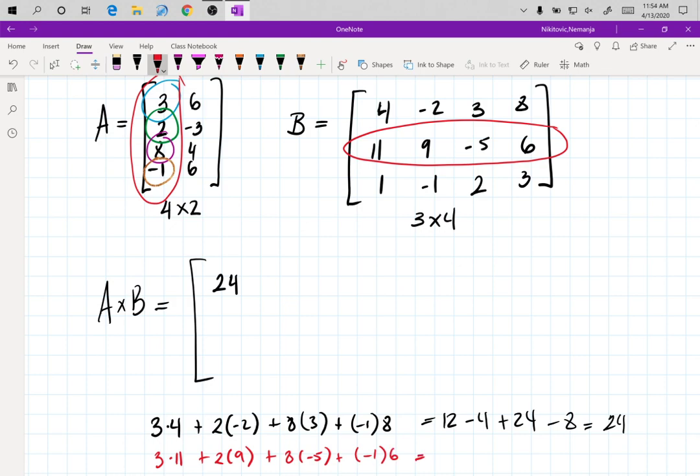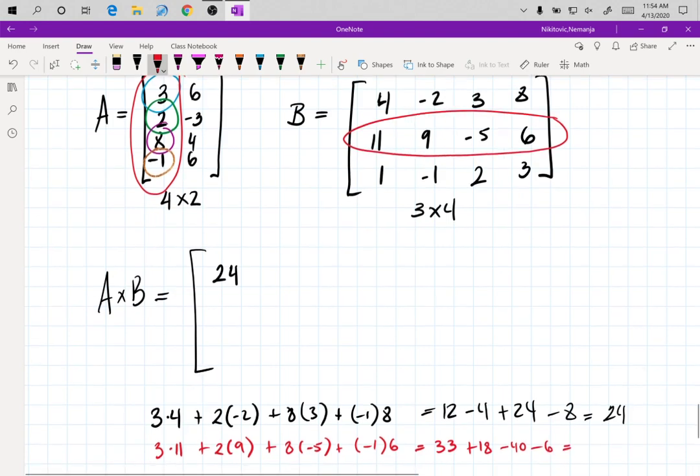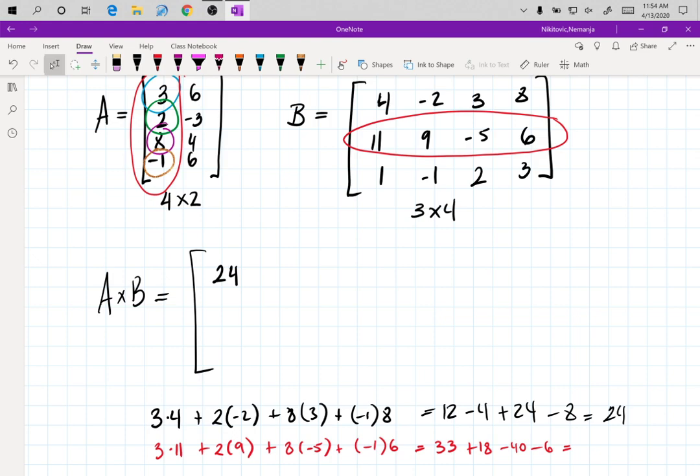So easy to make a mistake here. It's 33 plus 18 minus 40 minus 6. So these two will give me negative 7. These two will give me plus 12. So together is 5.